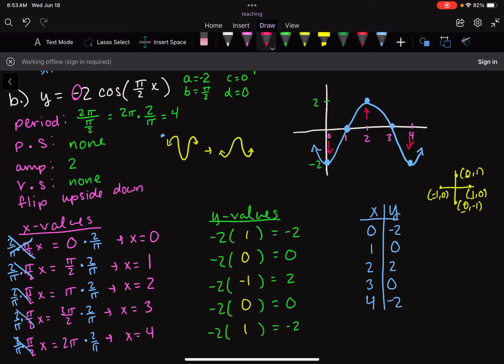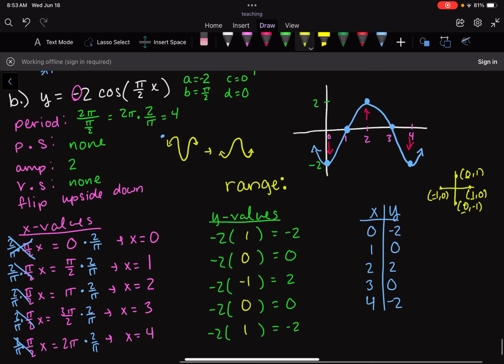Now I did realize that I forgot to write the range on part A. I'll go back and do that real quick, but let's do it for this one first. So the range for this is going to be -2 to 2.